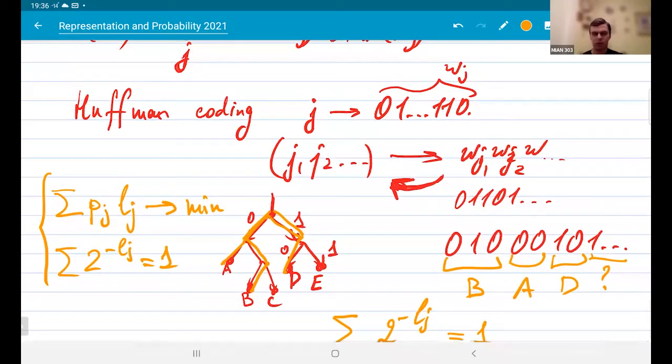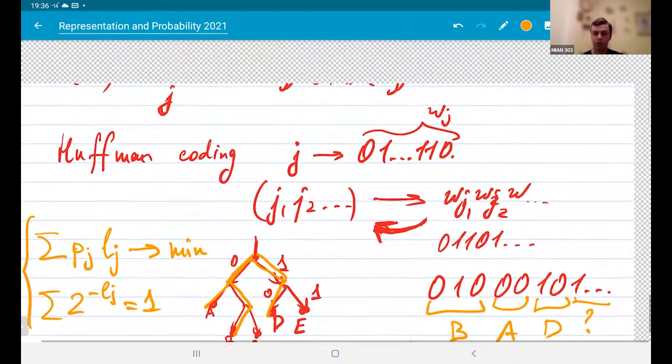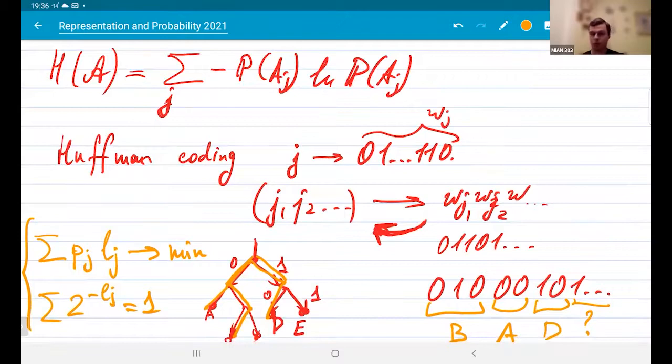Up to some constant, which is something like the logarithm of e, the natural logarithm of 2 or something like this, it is just minus the sum of Pj logarithm of Pj. That's it. So from this discussion, you can see that this definition is at least reasonable.